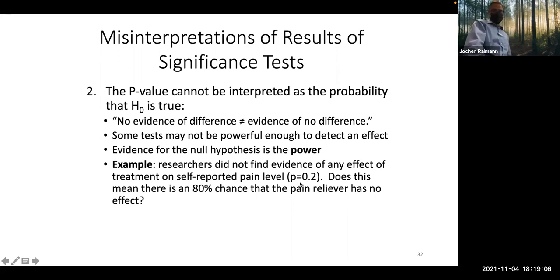An example could be that researchers did not find any effect of treatment on self-reported pain level. That's the example we had right in the beginning, if you remember. Does this mean that there's an 80% chance that the pain reliever has no effect? When they don't know, it's a 20% chance. It's 1 minus the 80.